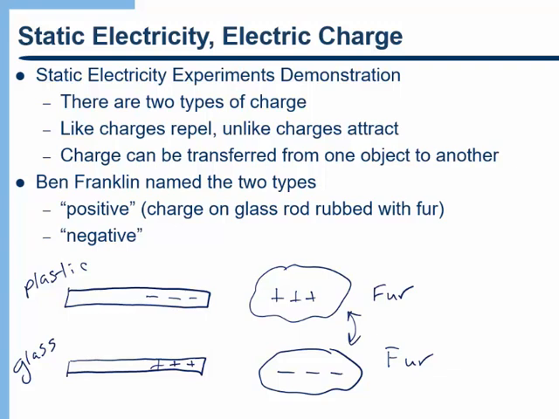So what's going on here? Well, we now know that what's happening is electrons are being transferred from one object to another. So different materials hold on to electrons more or less tightly. And so when I rub two materials together, what can happen is I get a transfer of electrons.